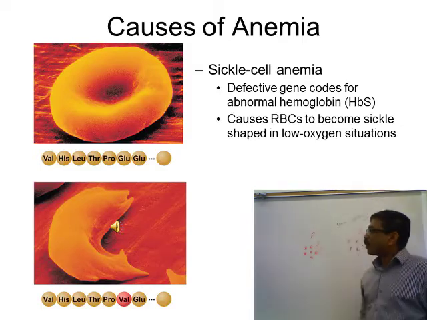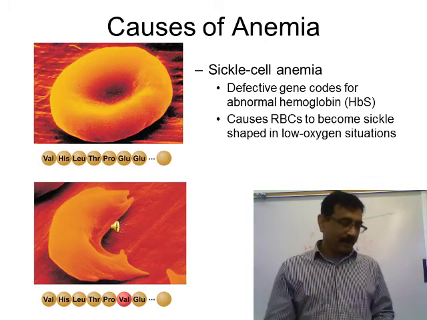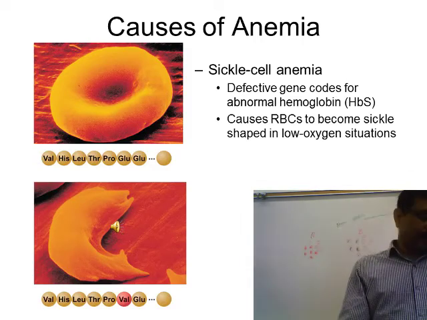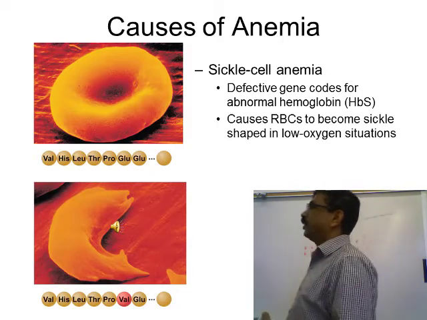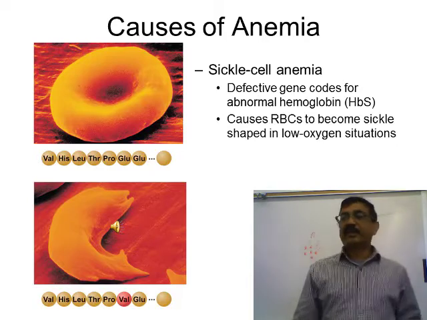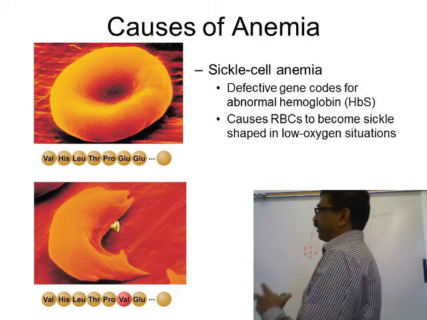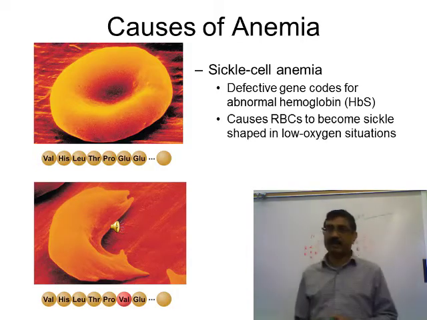Another condition related to the abnormal number of red blood cells is polycythemia. Polycythemia is the condition where the blood has an excess count of red blood cells.